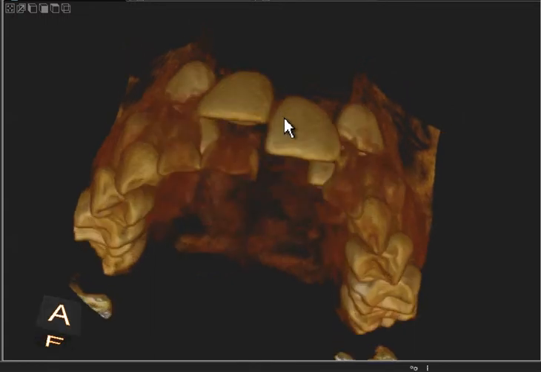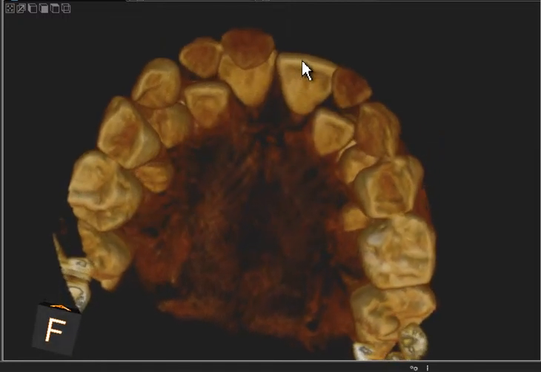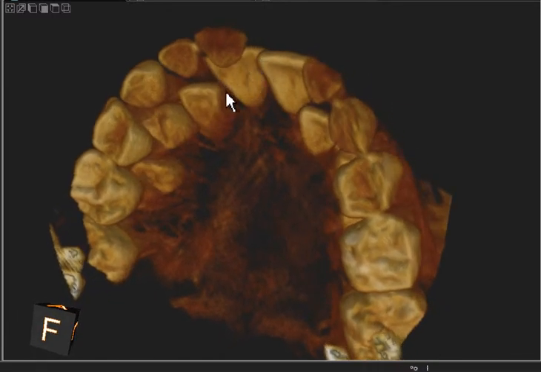We can look even more closely at the position of the upper lateral incisor, and we can see why it is positioning itself as it is, because it's very closely approximated to the central incisor here.